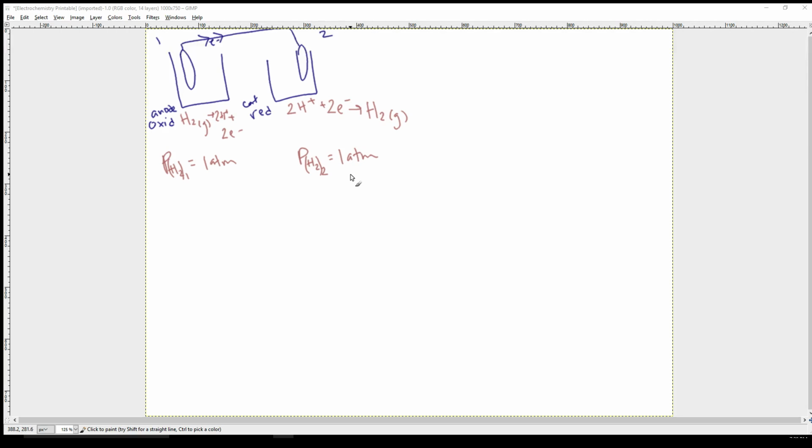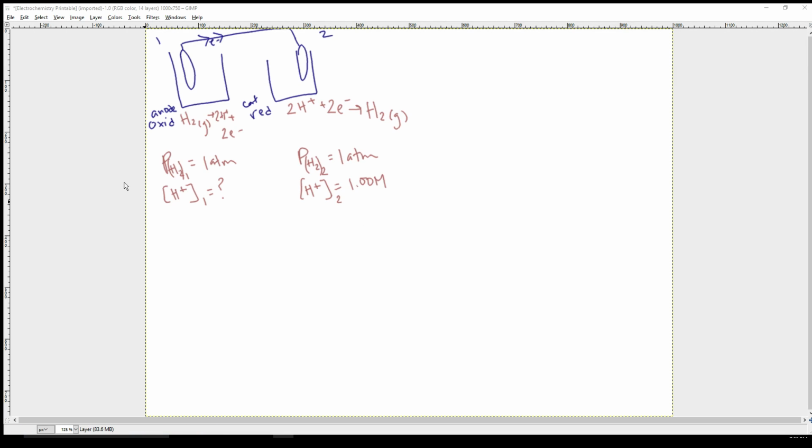That's nice. And what else? The concentration at electrode 2, they told us, the concentration of my hydrogen ions is equal to 1 molarity. And the goal is to figure out the concentration at electrode 1.